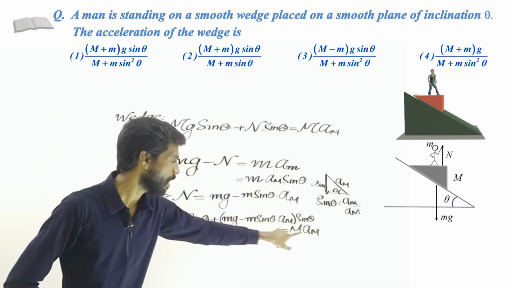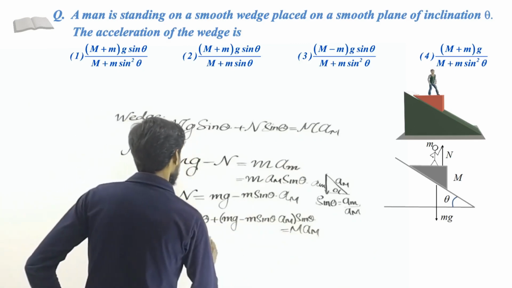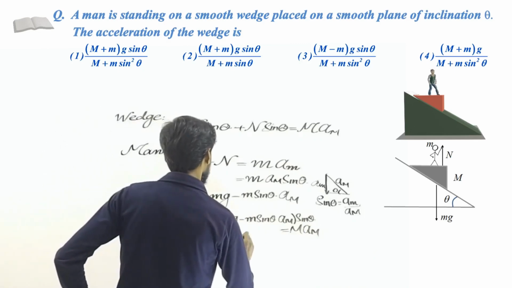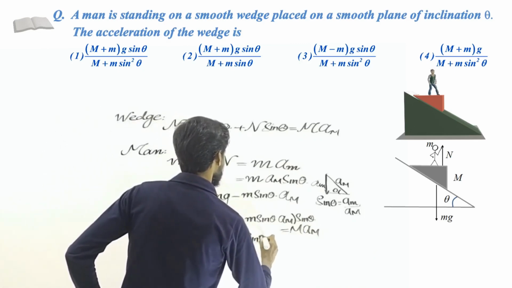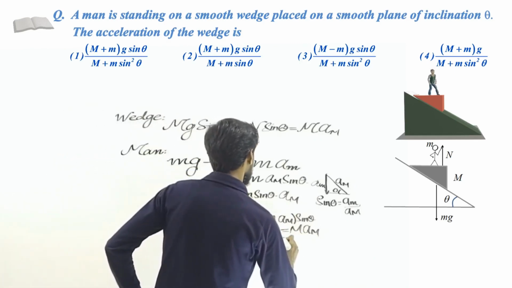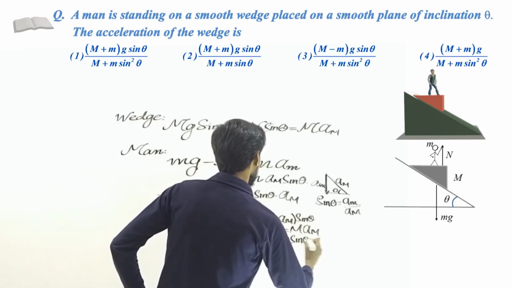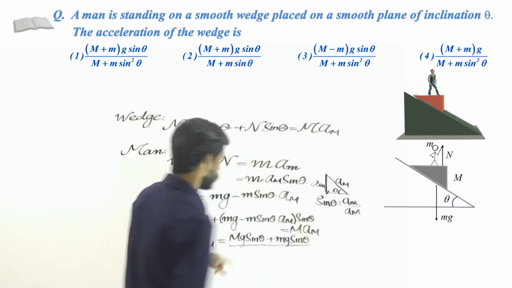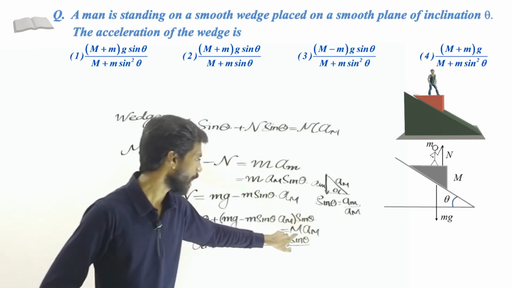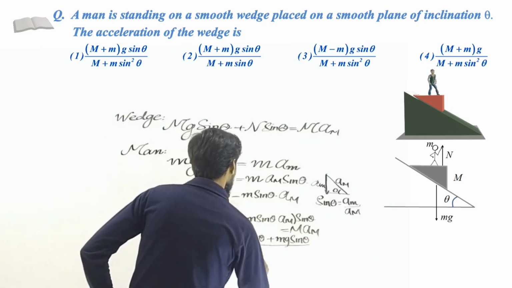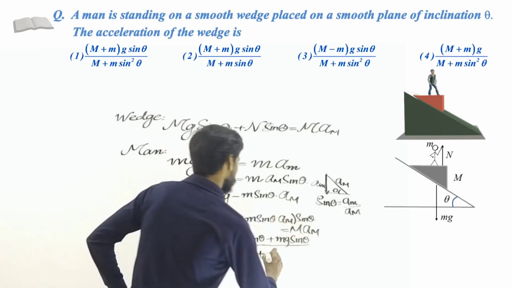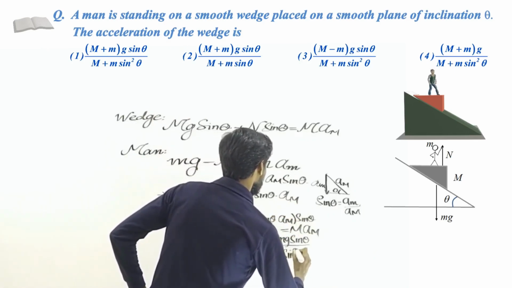Here also we have a_M and a_M, so if you combine them, we get a_M equals mg sine theta plus mg sine theta again, divided by, bring this term to the other side, M plus m sine square theta.